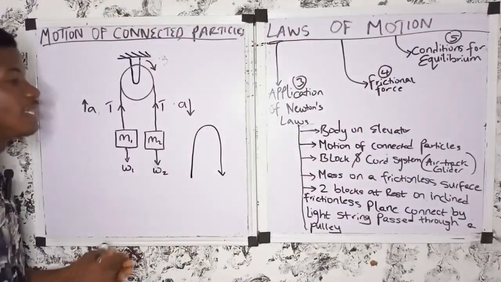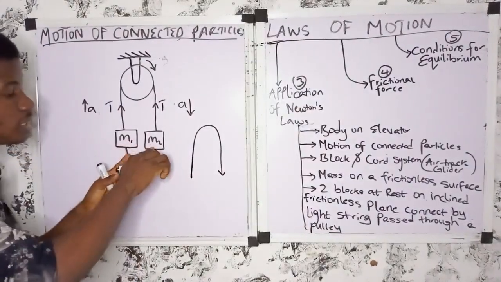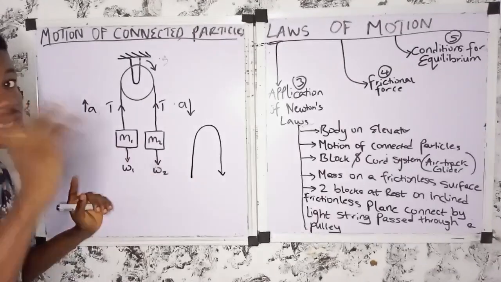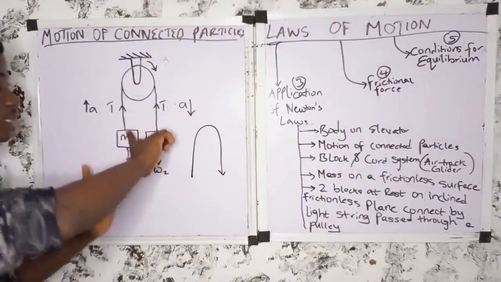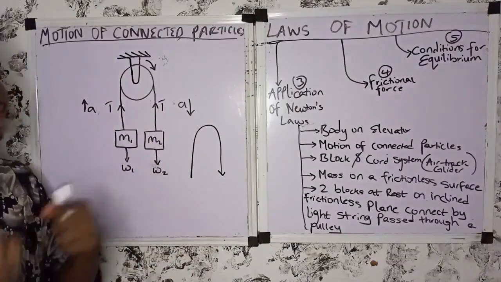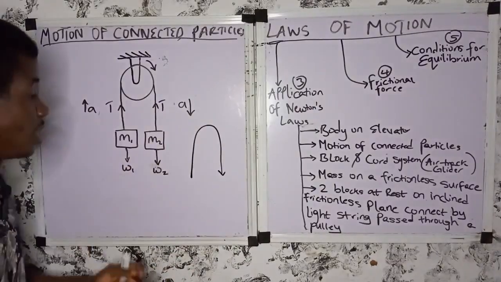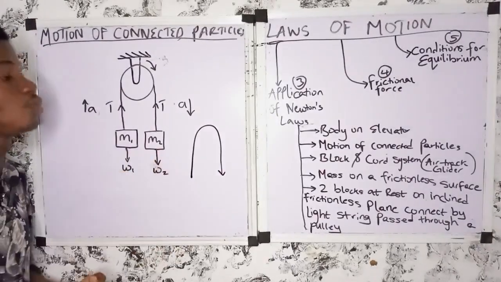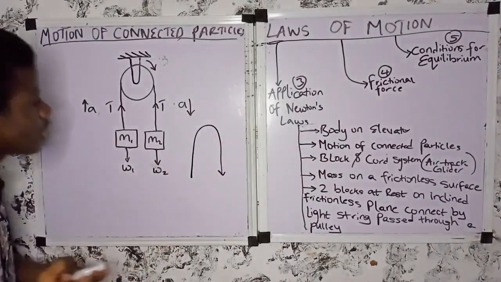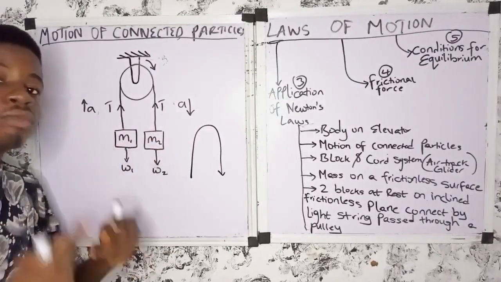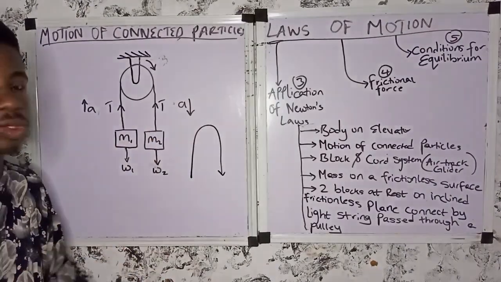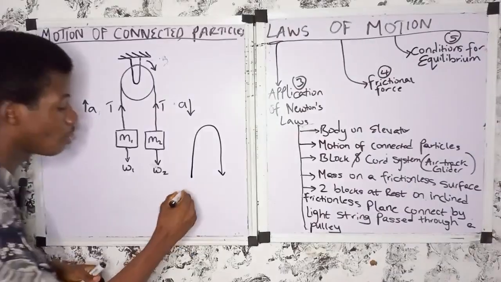These two particles, the important things to take note of: one, the direction of motion is determined by the heavier particle, in this case M2. Two, both bodies move with the same acceleration, which is known as common acceleration.